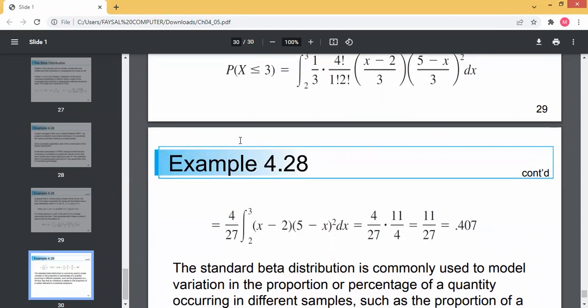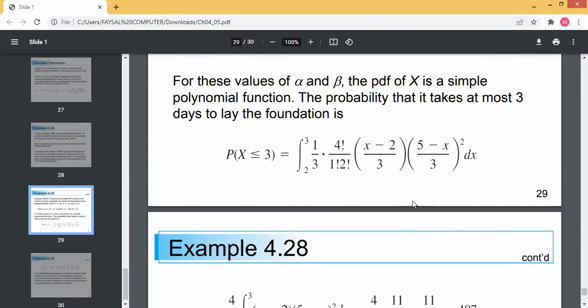Then any question regarding this beta distribution? Hello. Any question regarding this then?